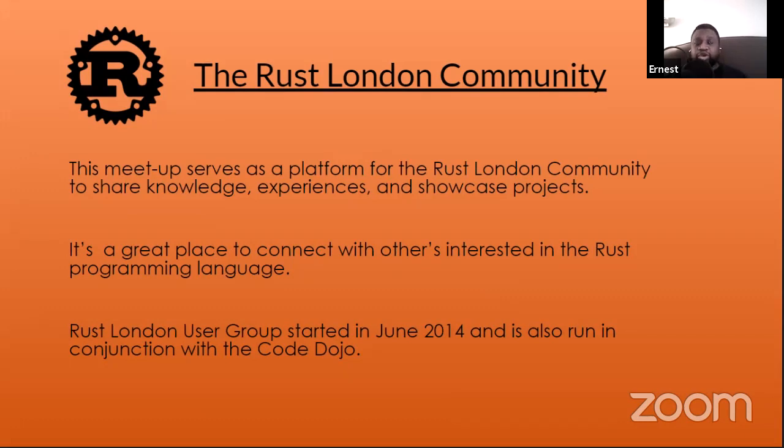And the other 2 events that are run are the Code Dojo, which is actually hosted and completely managed by TrueLayer as well. That serves as a directed learning exercise for people who want to bootstrap themselves in the Rust programming language from zero to hello world. We're also planning, hopefully, on running the Rust London Hack and Learns again.